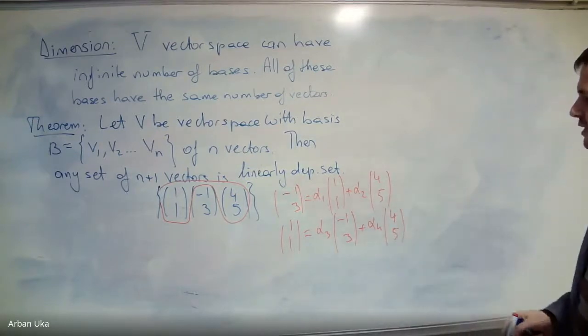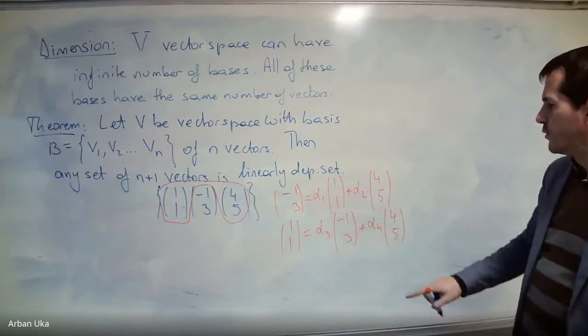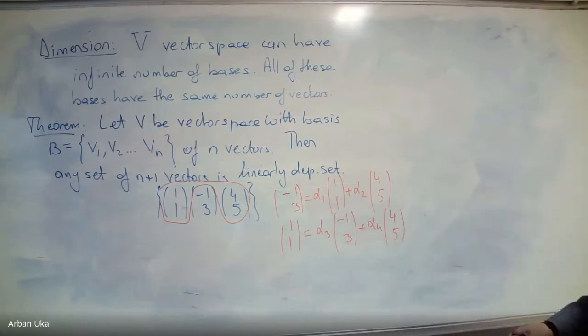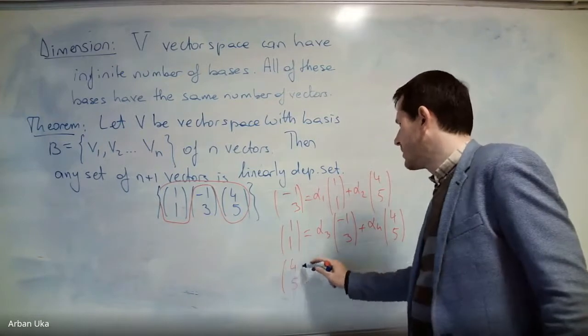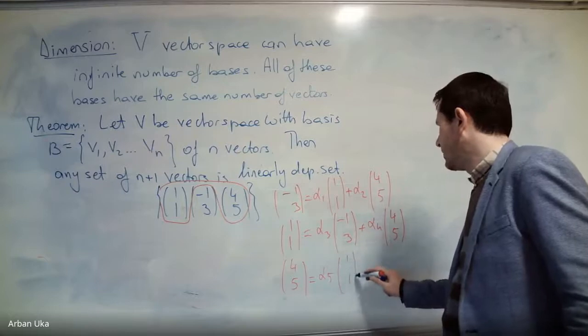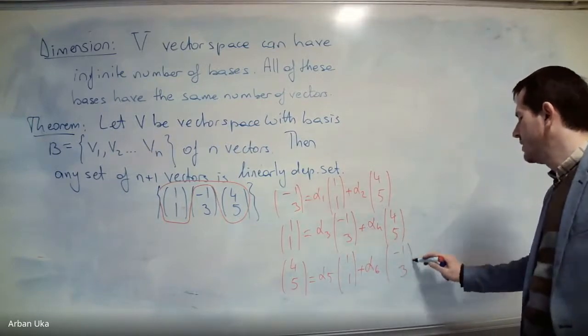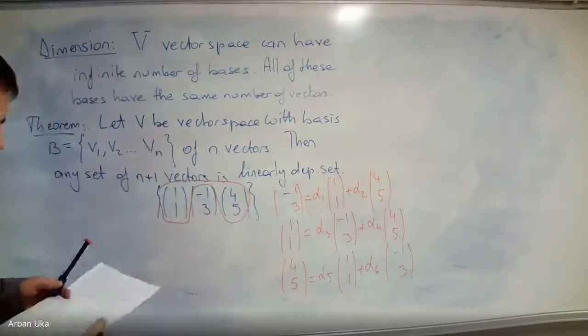Okay, we agree on this one, which means that we are using the first and the third as the basis. Good. We are using here the second and the third as a basis. This is also possible. But at the same time, we can use the first two as basis, so this is equal to alpha 5 times (1, 1) plus alpha 6 times (-1, 3). So these are all possible.